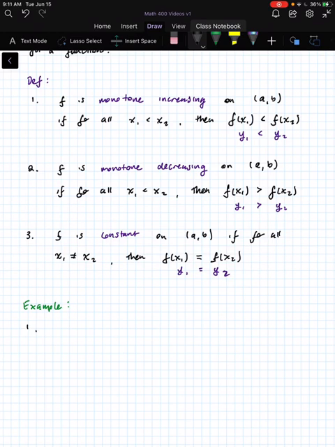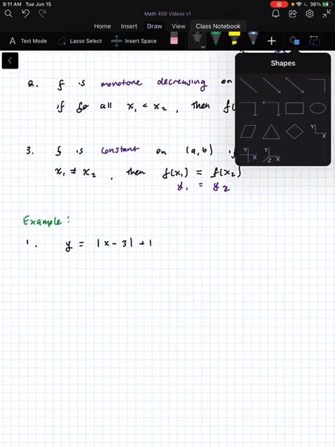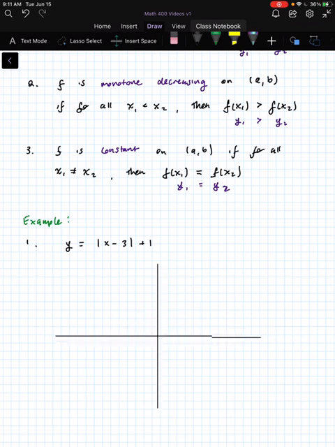Our first example, we're going to consider the function y equals the absolute value of x minus 3, plus 1. And I'm going to graph this function here. If you need a refresher, remember this is an absolute value style function, and it has a corner at (3, 1).